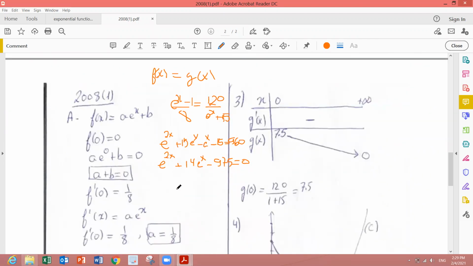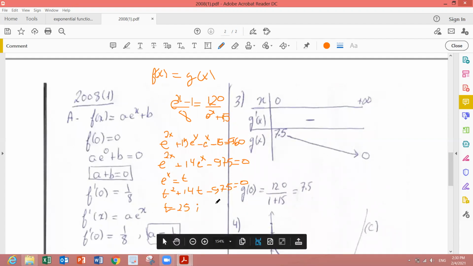With the calculator. First, let e to the x equal t. Then we get t squared plus 14t minus 975 equals 0. Solving on the calculator, first t equals 25, and the second t equals minus 39.